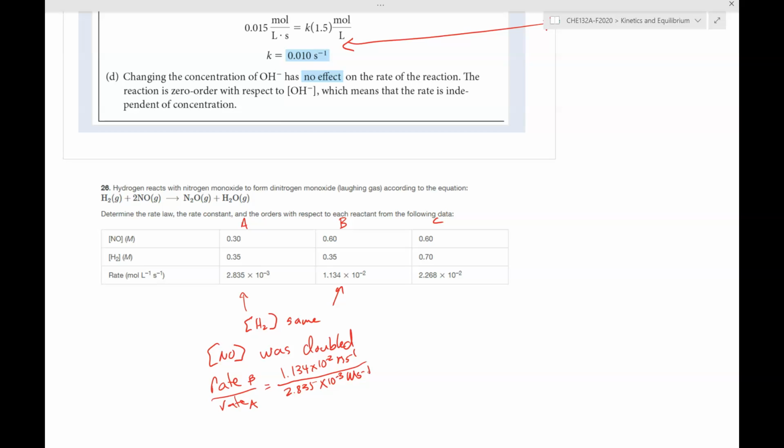So I'm now dividing by 2.835 second comma to get my E negative 3, and I get exactly 4. So 4 is equal to 2 to the x. This is the 2 to the x part of that. So clearly x is equal to 2, so the order with respect to NO is second order.